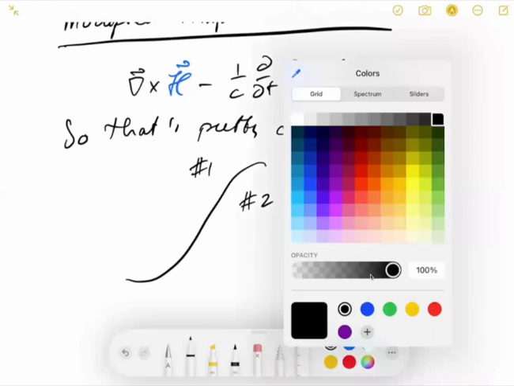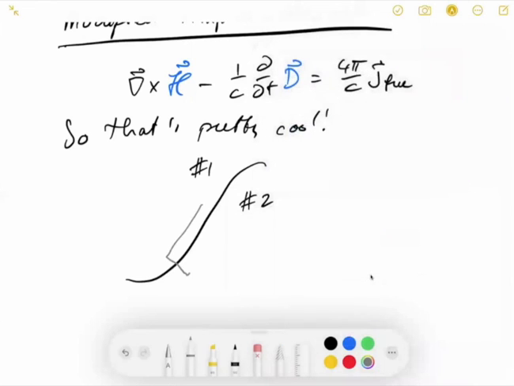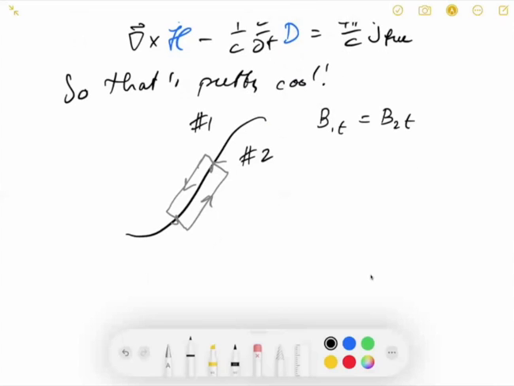So we could put a little Amperian loop here, and take appropriate limits such that we take this thing down to here. Then we get one boundary condition that says that the tangential field is continuous. So B1 tangential is B2 tangential.